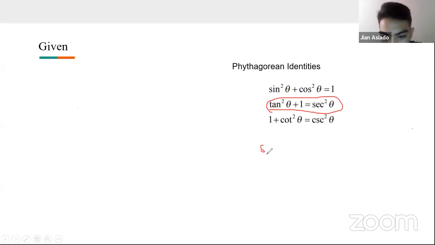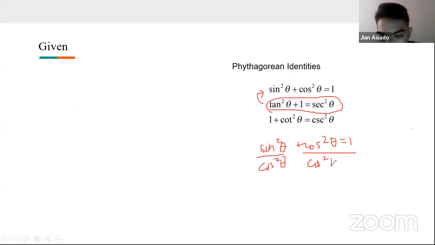So pwedeng sine squared theta plus cosine squared theta is equal to 1. Gusto mong ma-derive yung ito, no? From this. So divide mo lang siya by cosine squared theta. So divide mo din to by cosine squared theta.